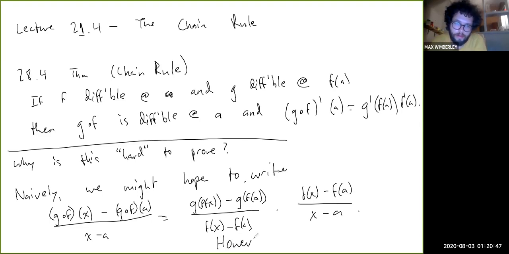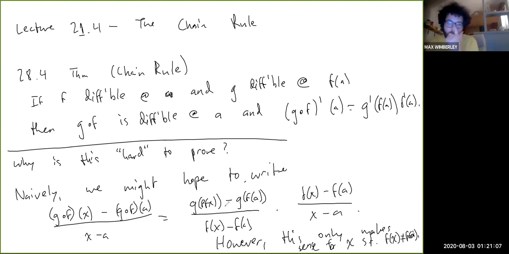However, this only makes sense for values of x such that f of x is not equal to f of a. First of all, why would this help? Let's suppose that this actually makes sense. Then as x approaches a, this expression by definition approaches f prime of a.